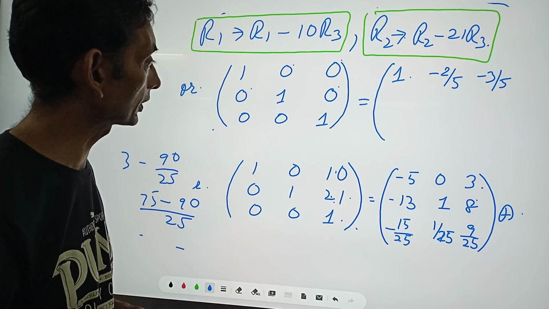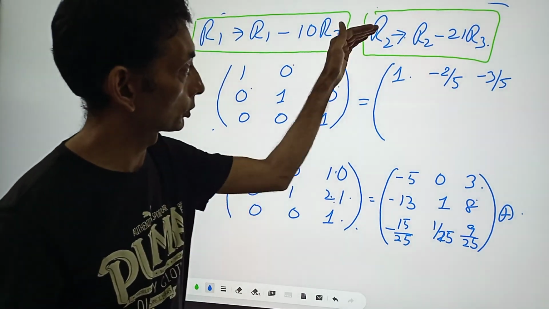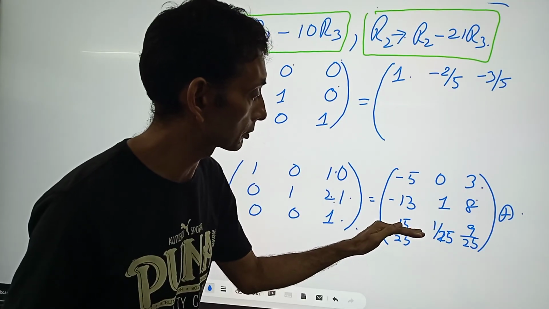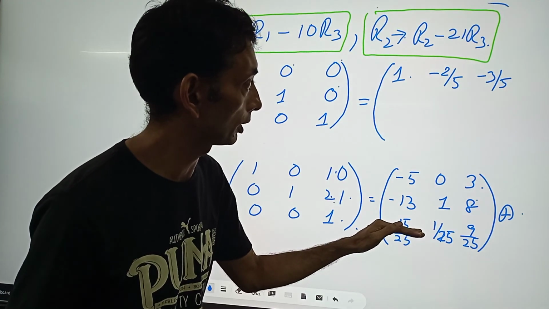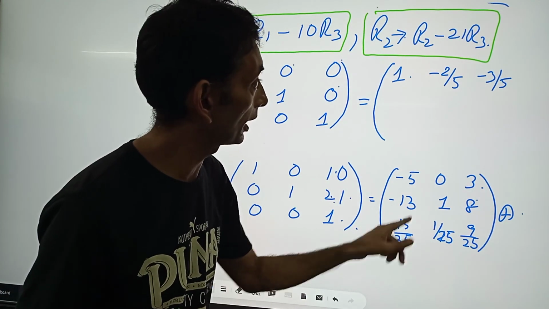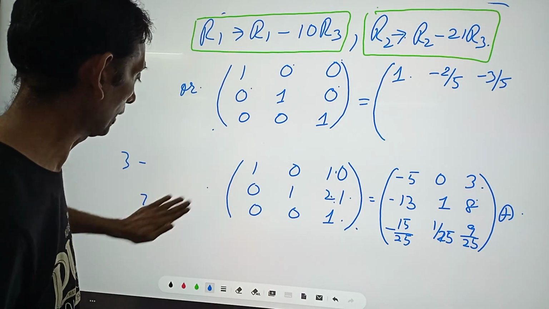Similarly, what you have done for row 2. Again, this particular row you will be multiplying by minus 21.